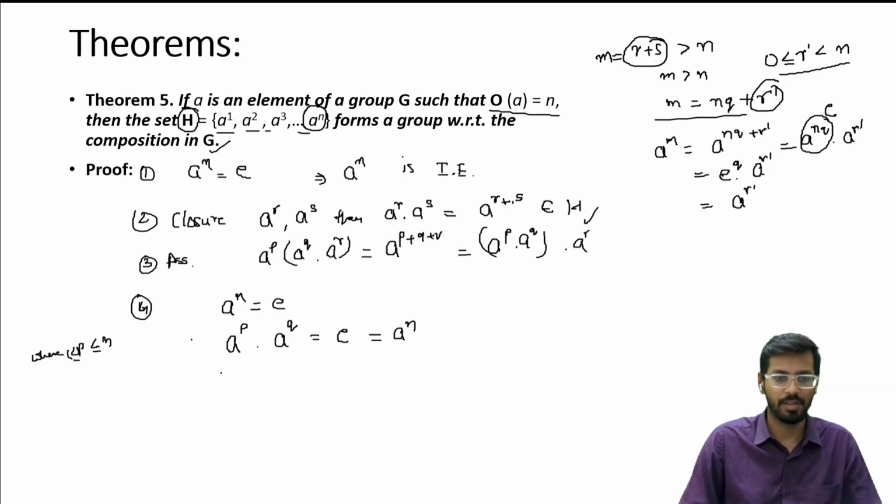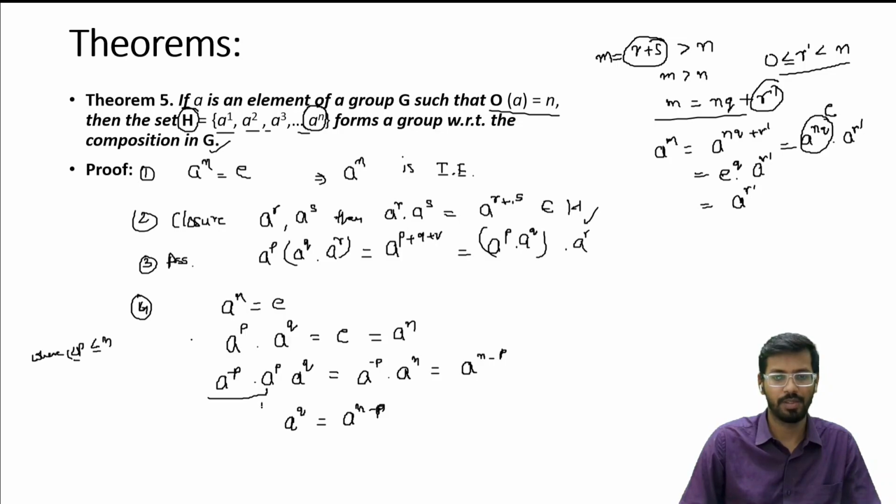So from this, if we pre-multiply by a raised to power minus p, a raised to power minus p dot a raised to power p dot a raised to power q is equal to a raised to power minus p dot a raised to power n, that is equal to a raised to power n minus p. And this is the identity element. So a raised to power q is equal to a raised to power n minus p.